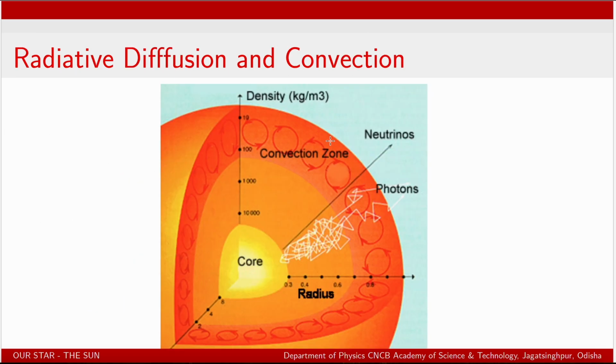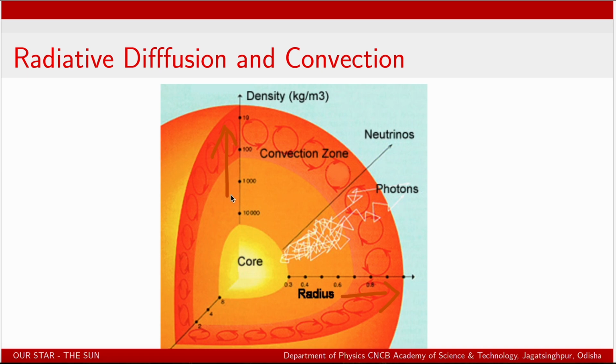So now we will summarize what's happening in the radiative zone and in the convective zone. So here in this diagram, the radius of the sun is plotted along this axis, and here we have plotted the density.